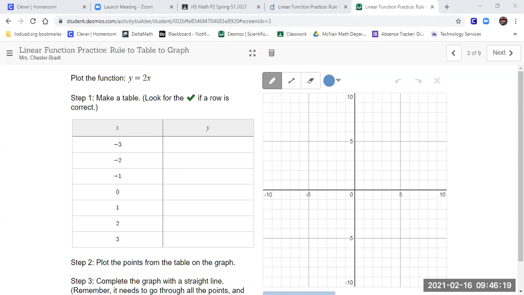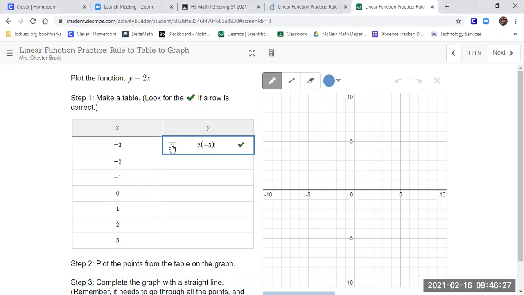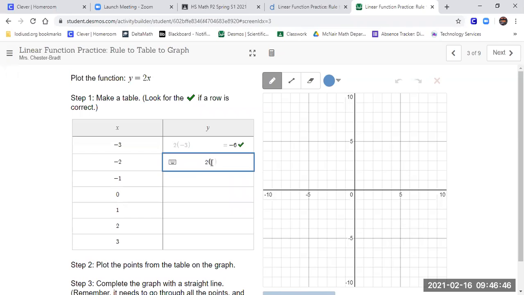All right, so yes, it means multiplication. So this says 2 times my x value. I got a check mark, I'm happy. So I keep going. This says 2 times my x value.